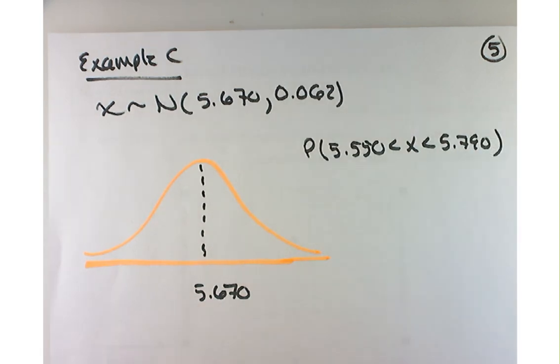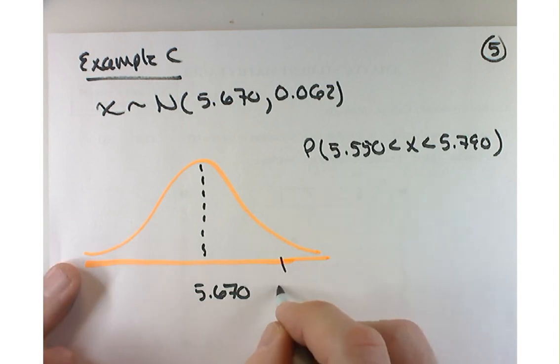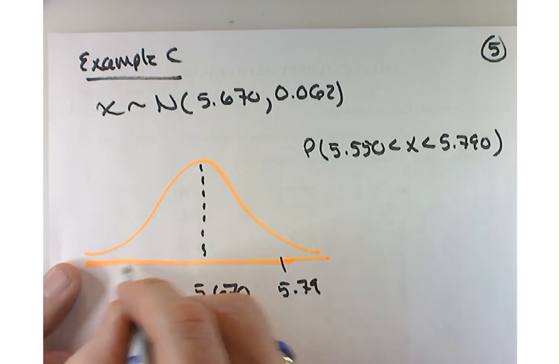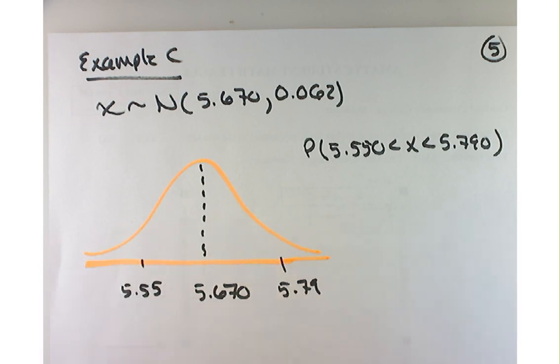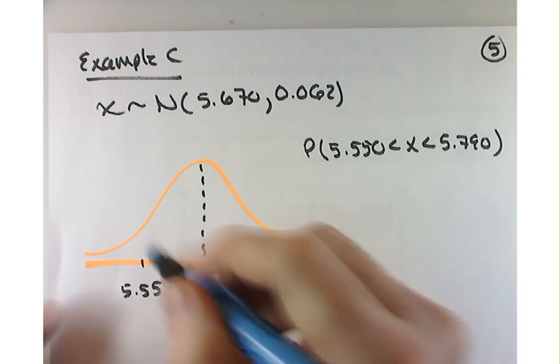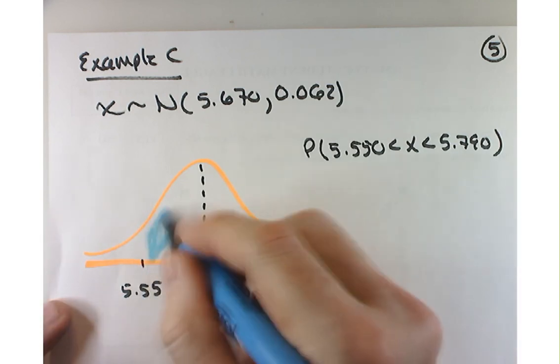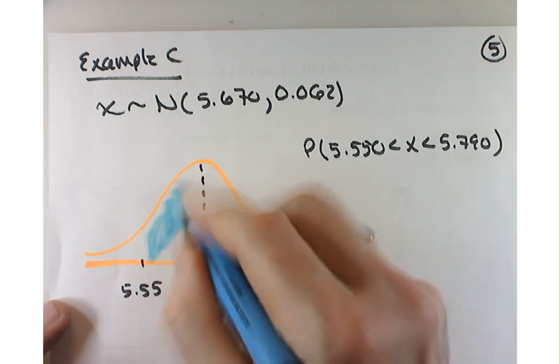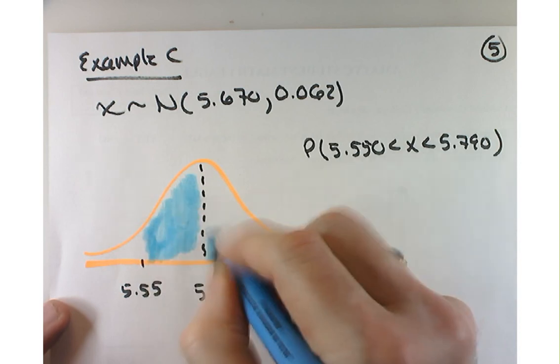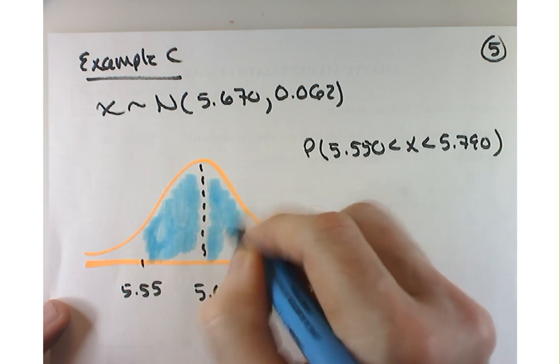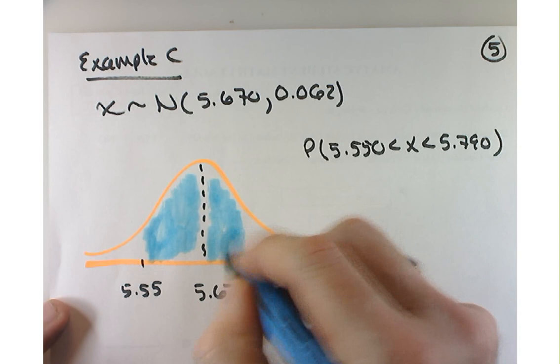So that's basically the area between those two points. So let me draw them here, 5.79 and 5.55. You're going to have to do a little bit of work here, a little extra work that we didn't have to do in our first two problems. I want the area that's between these. So like I said, that's going to require a little bit more thought.